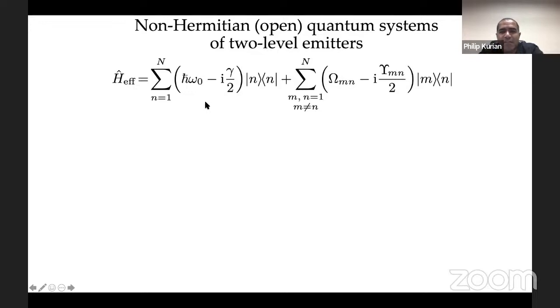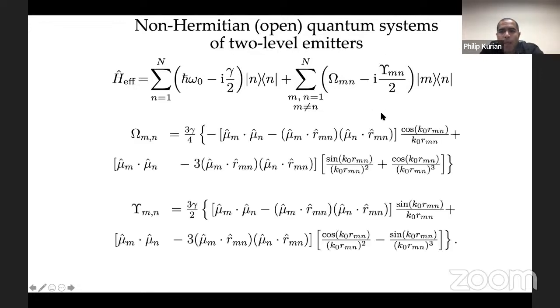There are some differences with Hermitian quantum mechanics. And so these non-Hermitian systems, you can see by these complex values here, these actually admit couplings when you derive. So I'm not showing the derivation, of course, but these couplings, omega and upsilon, arise from the collective interaction of the system of two-level systems with the electromagnetic field.